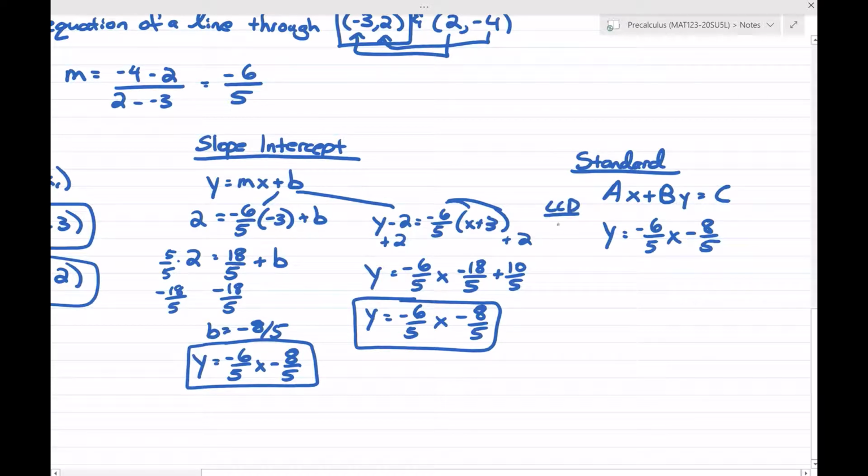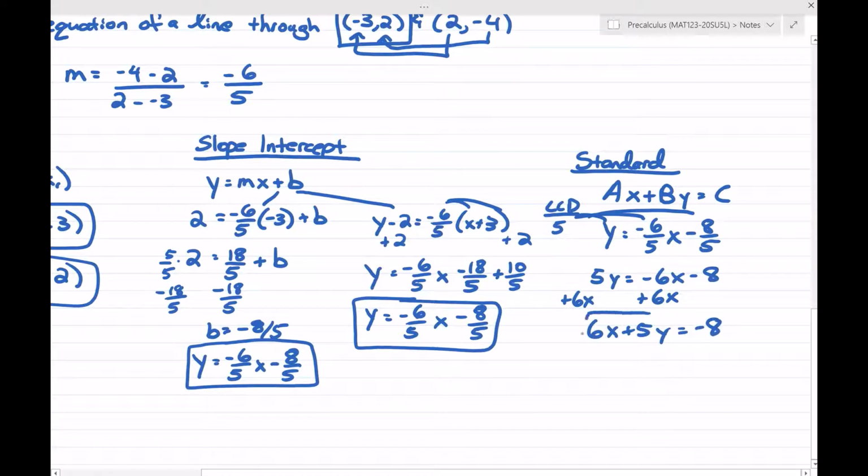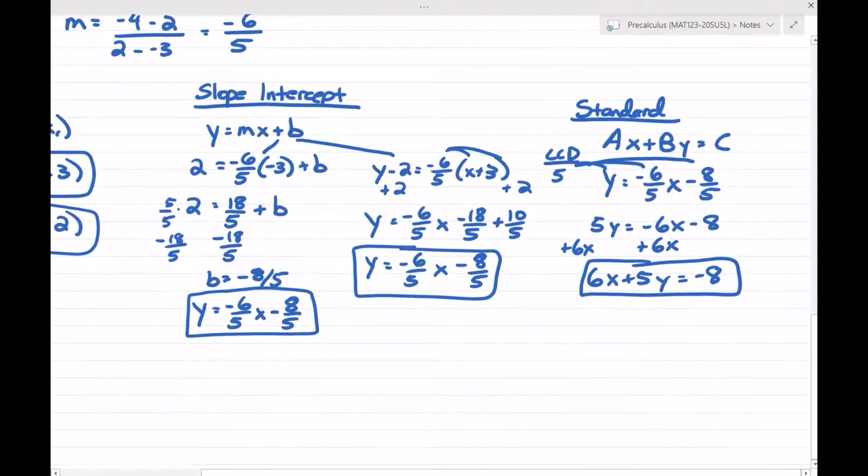We do that by multiplying by our LCD of 5. So we get 5y is equal to negative 6x minus 8. And then we could get the x on the same side with the y, and the x always comes first. 6x plus 5y would equal negative 8. Now the c value could be negative, but a has to be positive, there's no fractions or decimals, and the x and y are together.